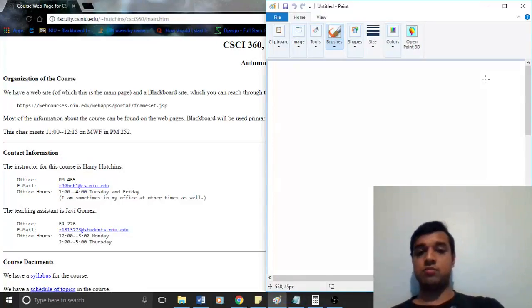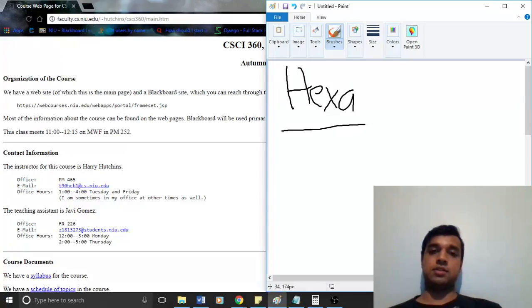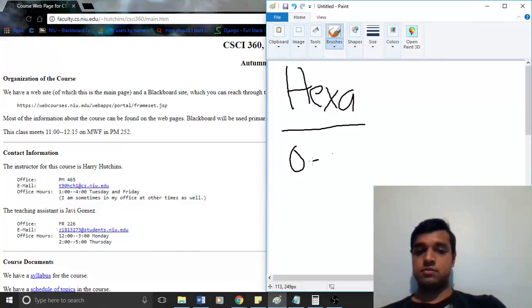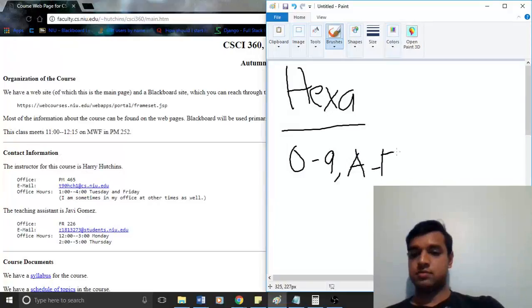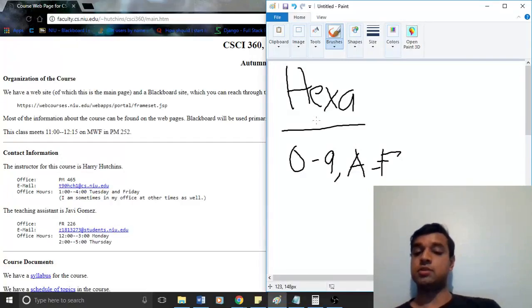So the final one is hexadecimal numbers. In hexadecimal, it goes from 0 to 9, and then after 0 to 9, it goes from A to F. The reason it's like this is because hexadecimal numbers are used to communicate with binary numbers.